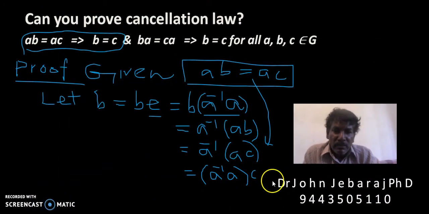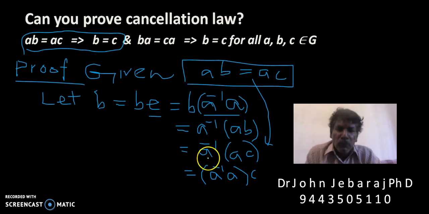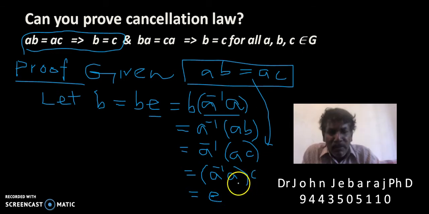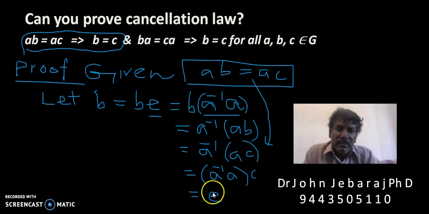We know already that any element with its inverse will give us the identity element, when associated by the binary operation. So instead of this, I can substitute E. This C is as it is.